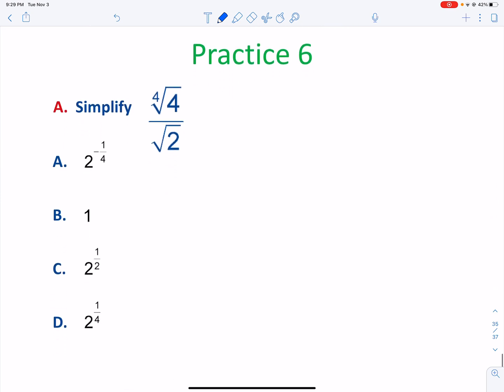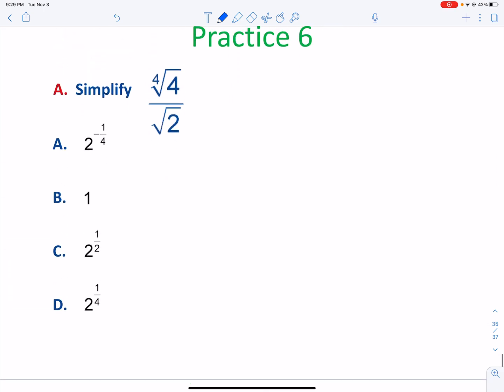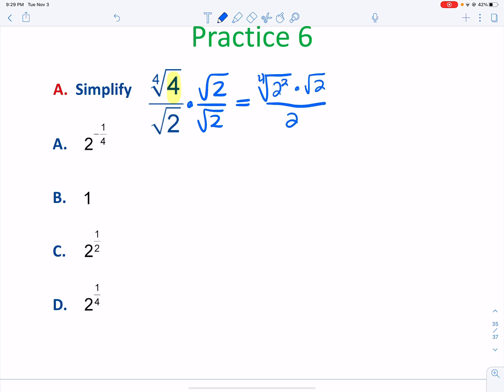Okay, so on this one, it's just a square root of 2. So I'm going to multiply by the square root of 2, but I'm not going to leave this 4 as 4. I'm going to rewrite this as the 4th root of 2 squared times the square root of 2 over 2.